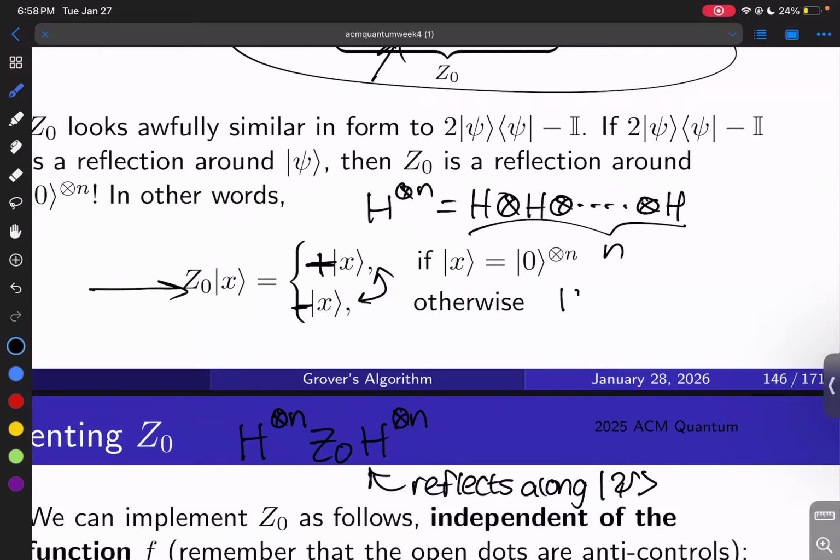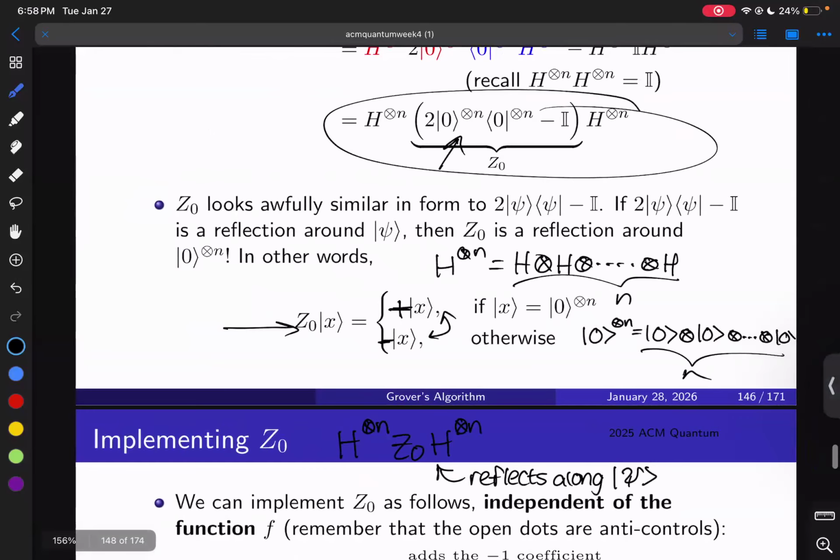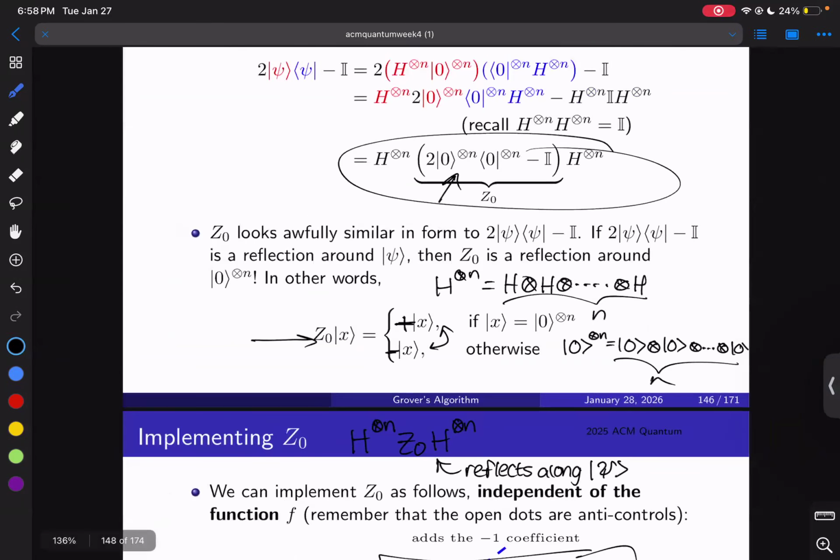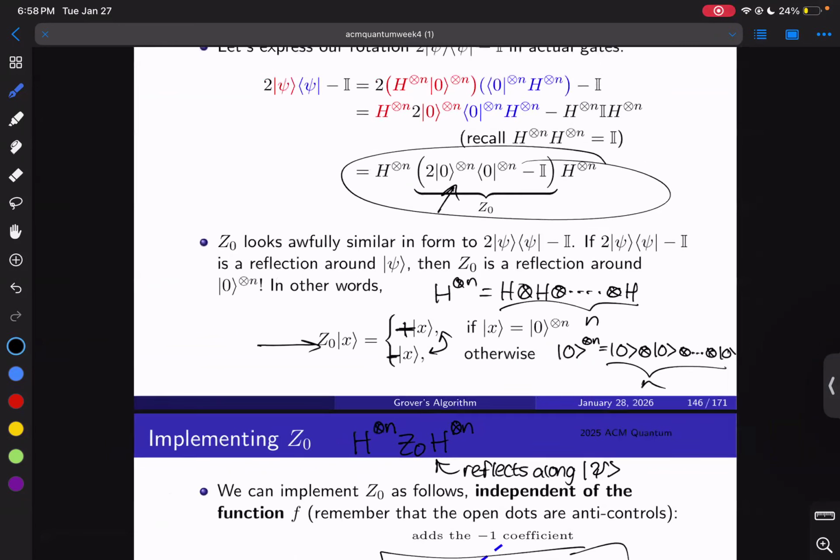Oh, yeah, that's 0 tensor n, it's n qubits that are all in the zero state. Did I even use that before? Okay, sorry, I forgot that we never really used that notation before.